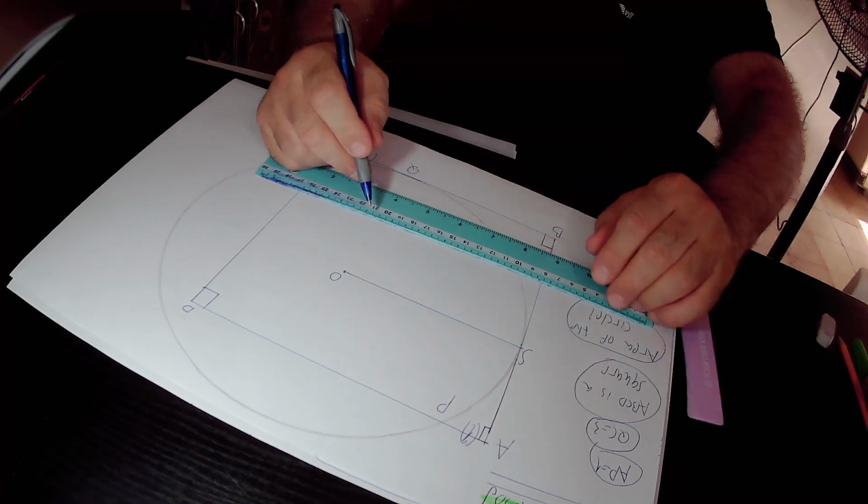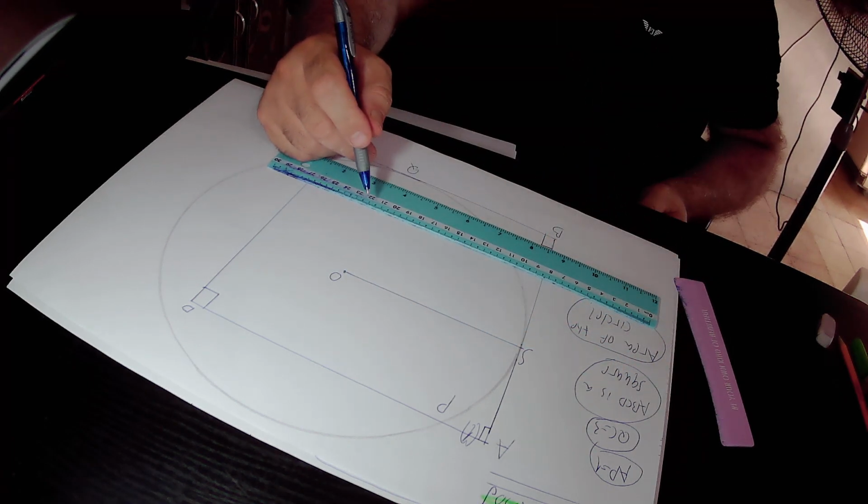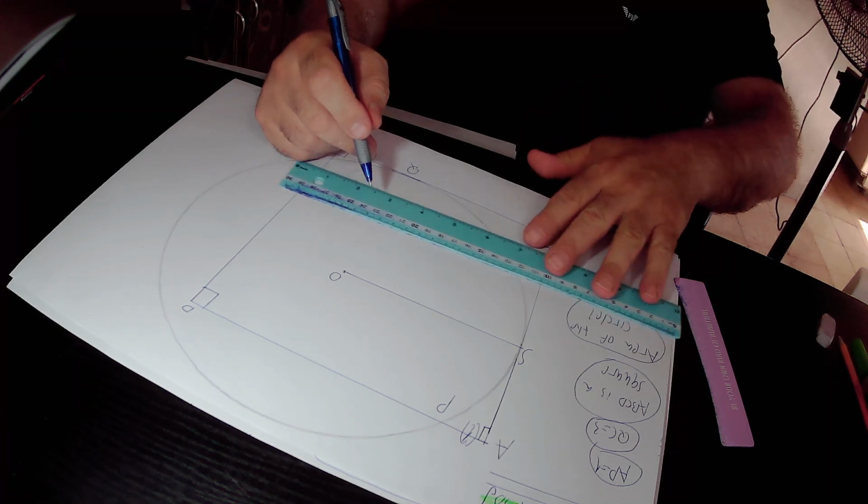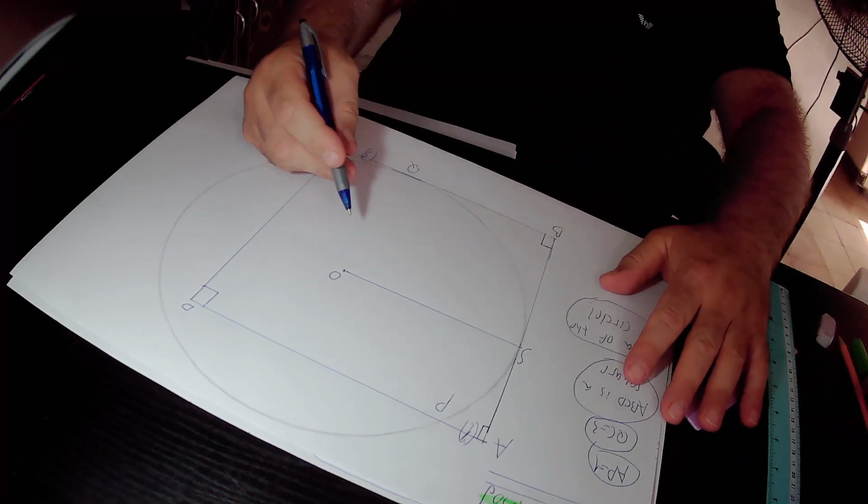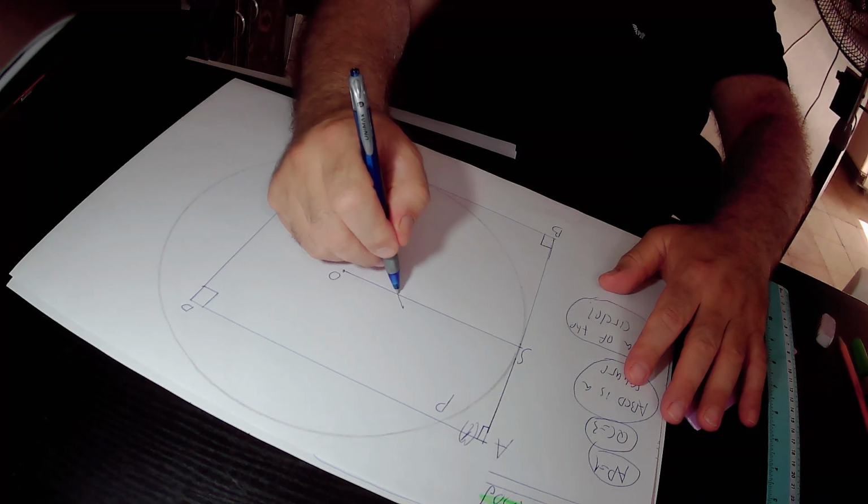Line segment OS is the radius of this circle. We define the radius of this circle as x. So OS equals x.